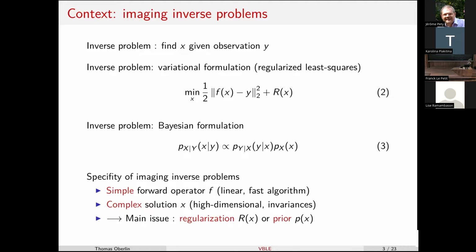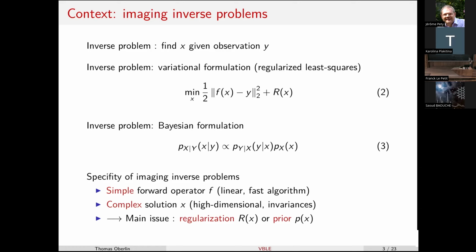And what is specific about imaging inverse problems is that in many cases, it's not always the case, but in many cases, and it will be the case here, the forward operator is simple. That means that in most of the cases, it's even linear. And at least we have fast algorithms to compute it. So there is no problem such as in simulation-based inference, where we have a huge model that takes a lot of time to run.